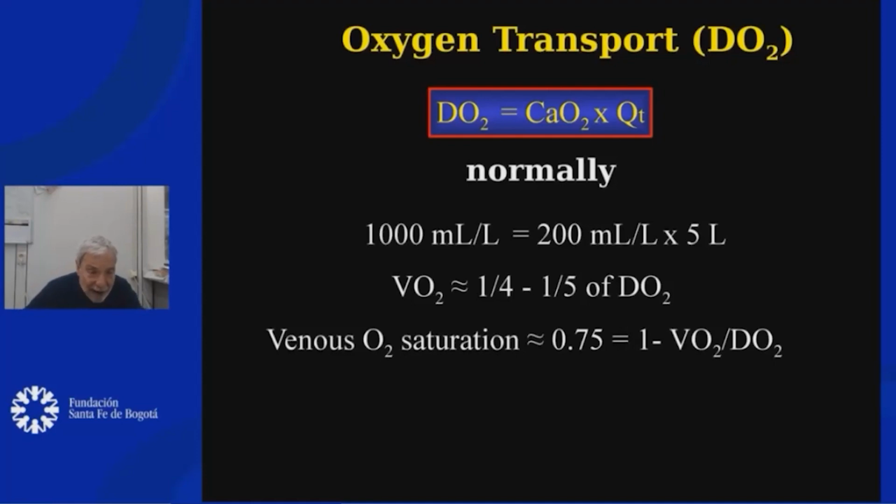And when you arrive at the periphery, some of the oxygen is extracted, about 1/4 or 1/5 of the oxygen supply, and the remaining is, of course, the venous saturation. So the venous saturation may also be seen as 1 minus the ratio between oxygen consumption, VO2, and oxygen supply, DO2.